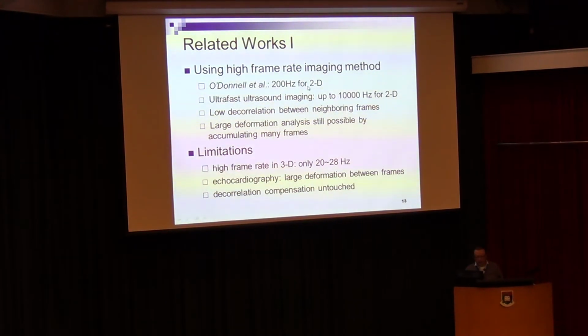But even 200 Hertz has been available for many, many years before ultra-fast ultrasound imaging. The idea is to make the deformation between neighboring frames very small, so small that your original assumption is still valid.